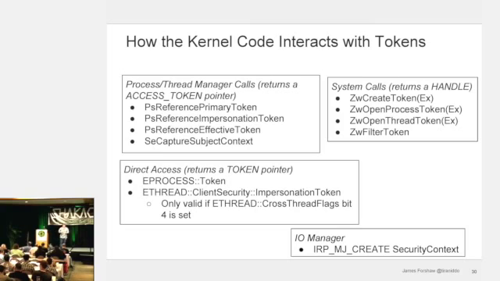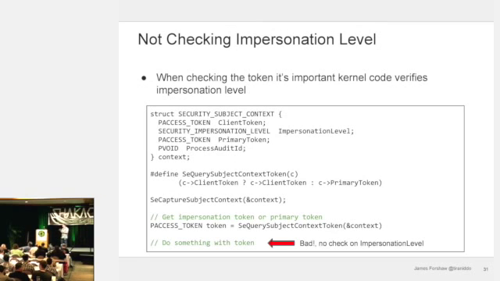So the first really obvious bug, having described the sort of primary tokens, impersonation tokens, all that sort of stuff, is this: if I try to do a security check manually, and I get hold of an access token, and I don't generally care too much that it's an impersonation or a primary token, because I just want the current sort of security context in which I'm running.